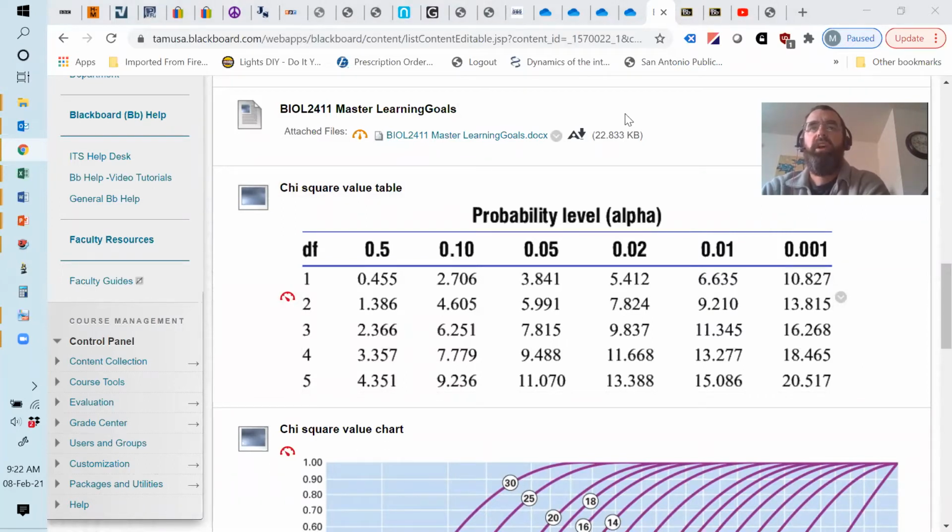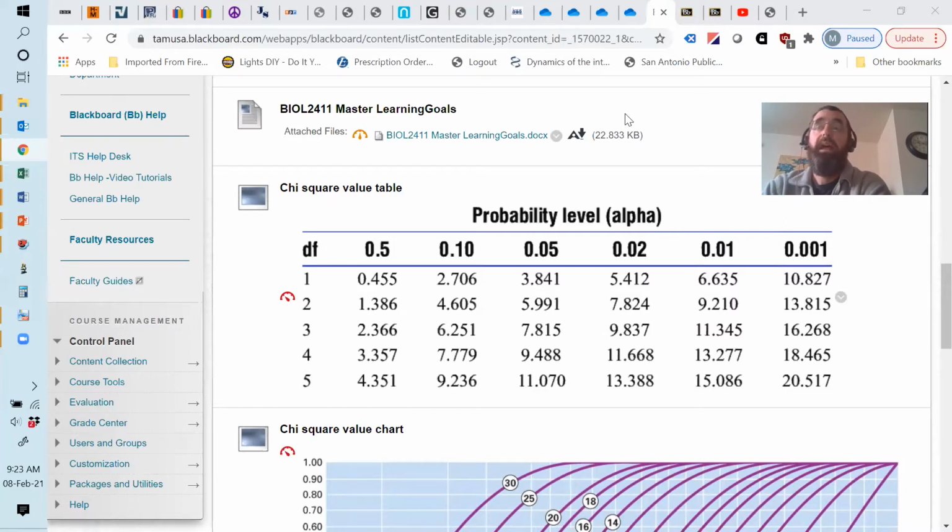Not so much how likely, right? So the p-value isn't a predictive value. It's really based on what happened already, so it's based on what you observe. It's not how close we predict the observed will be to the expected, or vice versa.